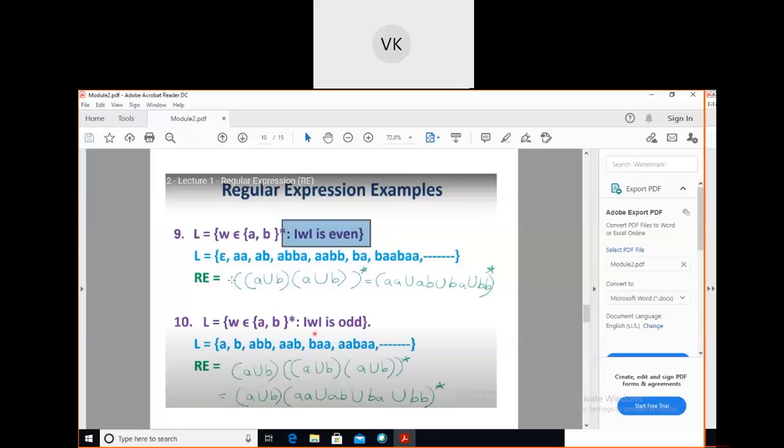Okay, how to construct the regular expression? You carefully observe here.